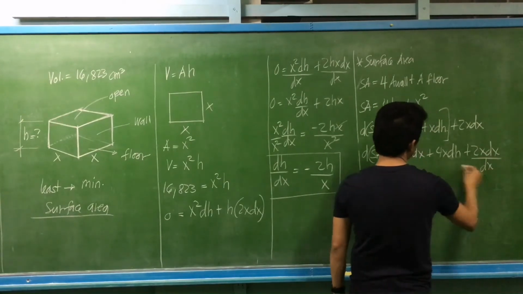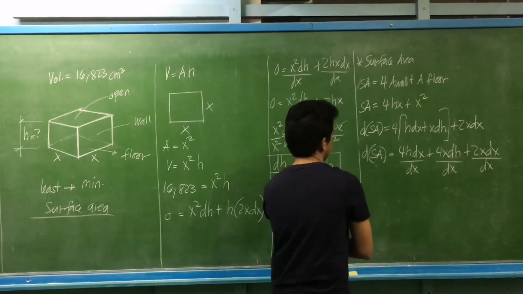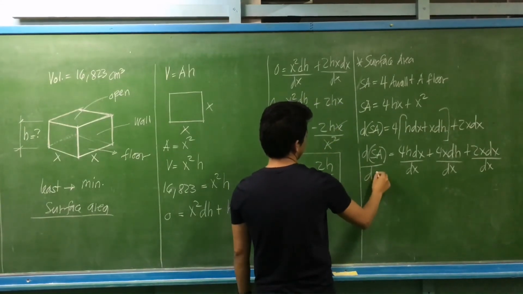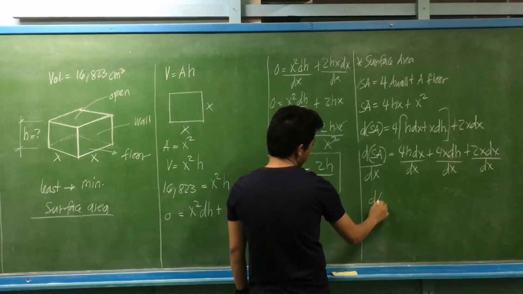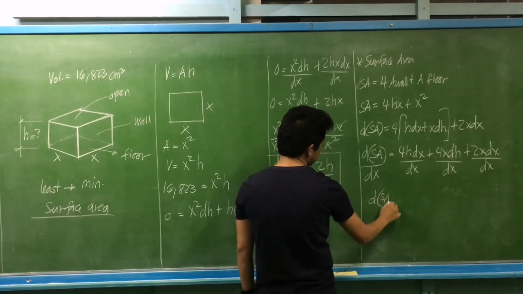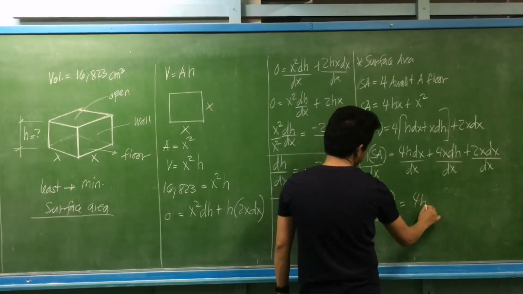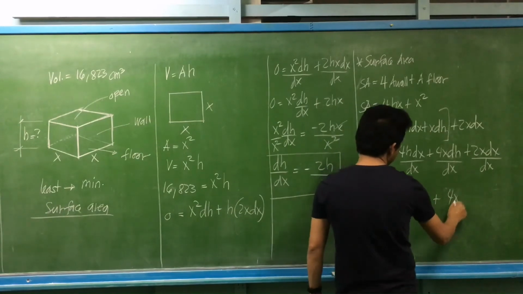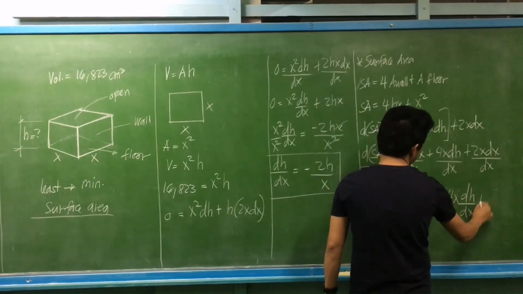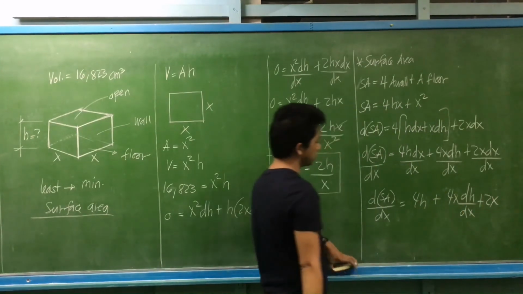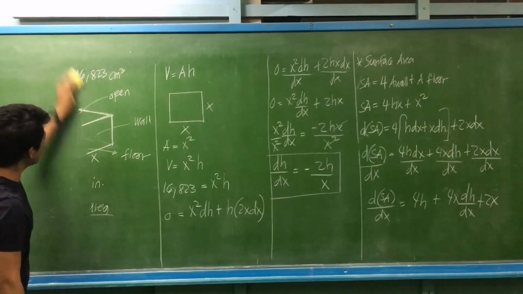Dividing all terms by dx, we'll have differential surface area divided by dx equal to 4h plus 4x dh over dx plus 2x. Okay? So the differentiation is done.